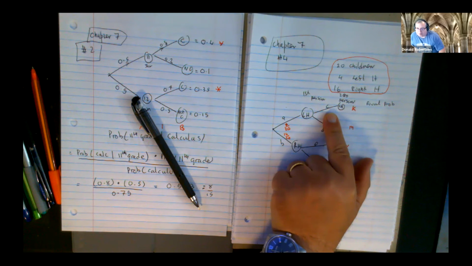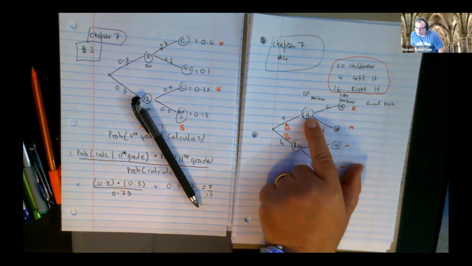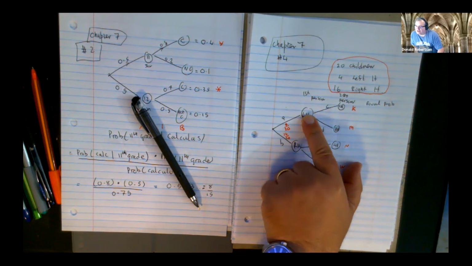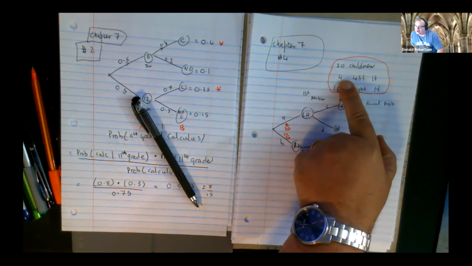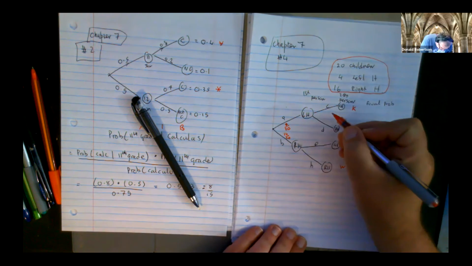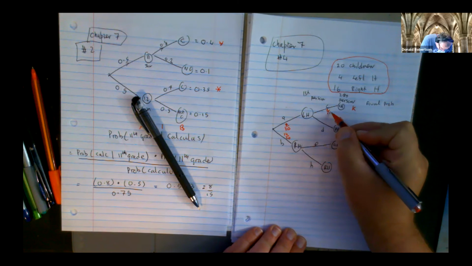Let's look at this probability here, the one they're calling C. What you know has happened is that the first child already chosen was left-handed. Now what that means is I've now only got 19 kids to pick from. And of those 19 kids, only 3 of them are now left-handed. So the probability of C is 3 kids out of 19.